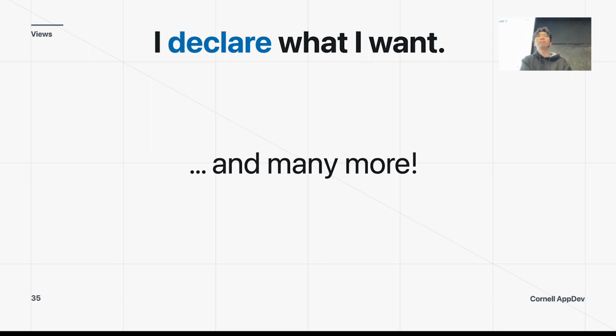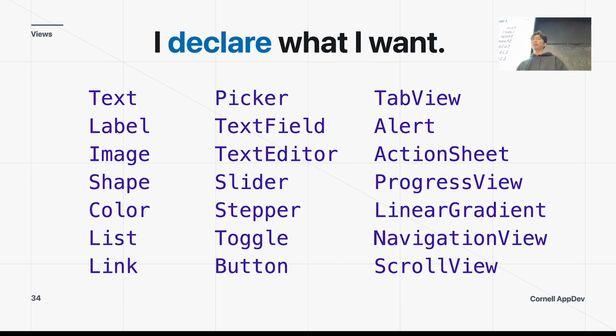Yes? Can you go back to one? With list, does this combine what is UITableViews and collection views? Yeah, in the demo, I'll actually go over list, but you can think of list as kind of like a table view.